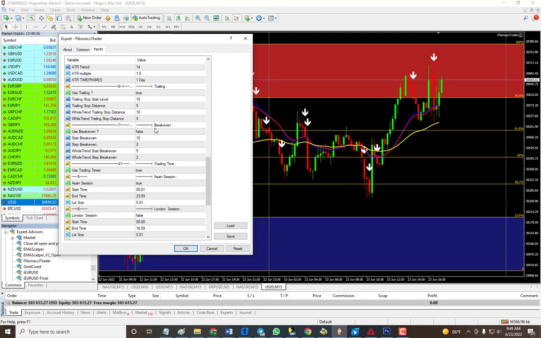So first, if you have both set to true, let's say I enter a sell here, and it goes my way, and I make 10 pips. So wherever I have my stop loss, I'm going to move my stop loss to 2 pips in profit. So I secure 2 pips, and then it will stay there.